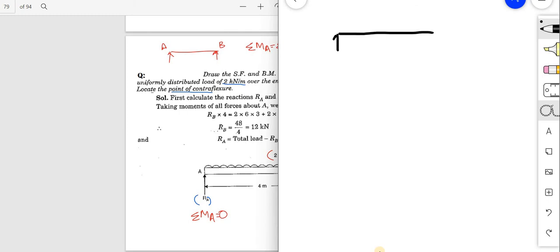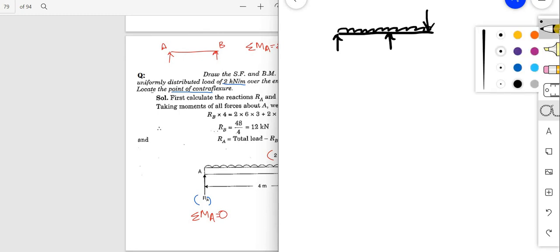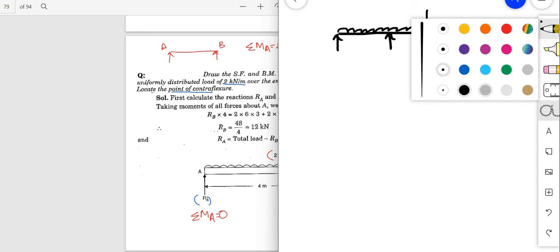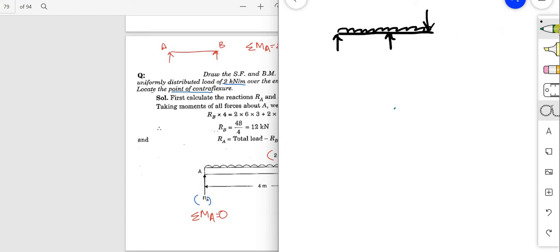I am having a beam like this, AB, and here the loading is given. This is A and this is B.